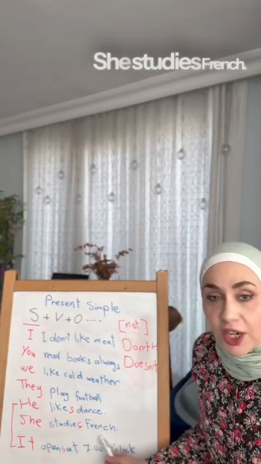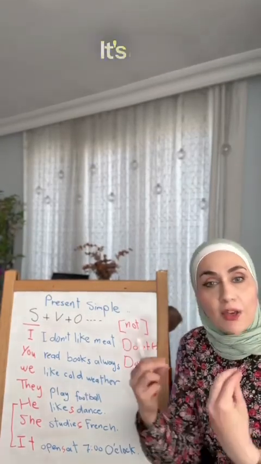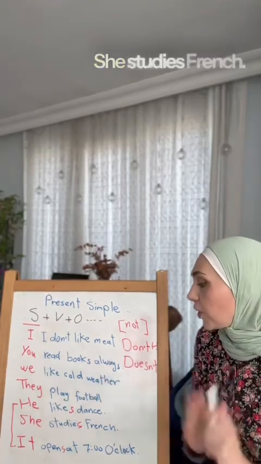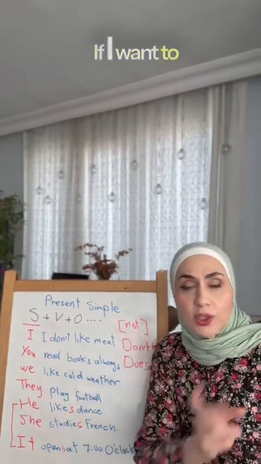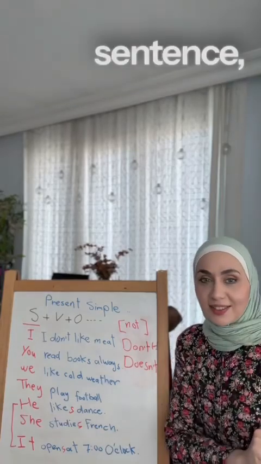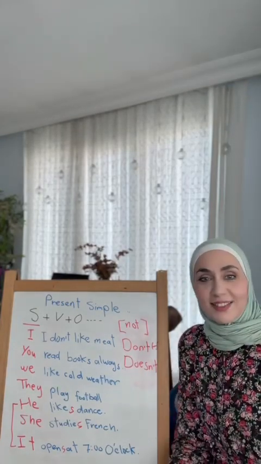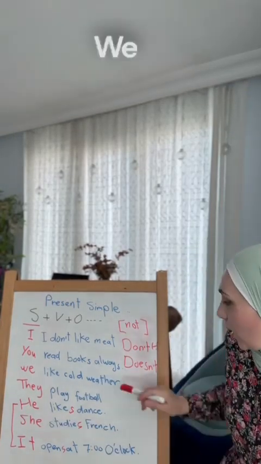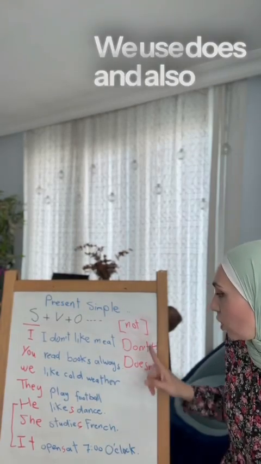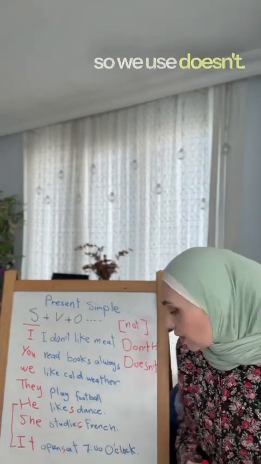She studies French. It's an affirmative sentence. If I want to change it to the negative sentence, how can we do it? We use does and also not. So we use doesn't.